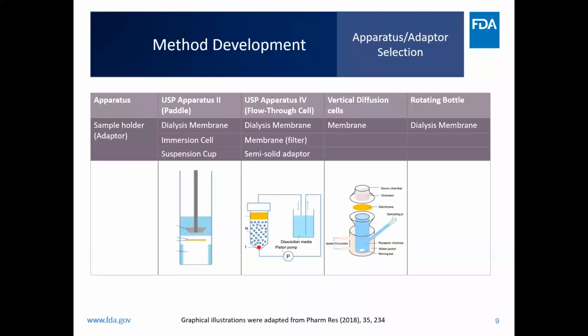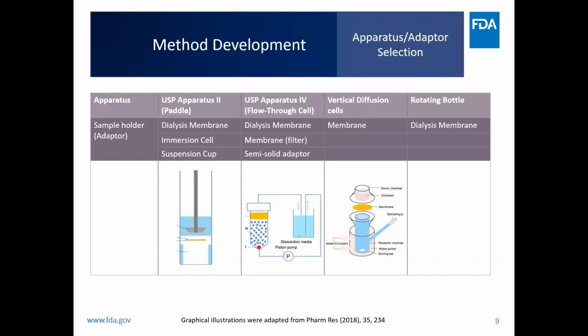So USP 2 is a quite versatile apparatus with different combinations of adapters, such as dialysis membrane, immersion cell, and suspension cup. And USP apparatus 4 is usually used for low solubility drugs, with the flexibility of flow rate changes and unlimited volume of media if you use the open loop.